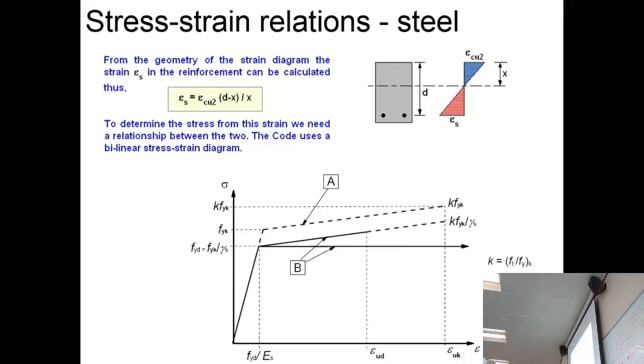It's the same sort of thing where your fyk is the strength of the steel, the dotted line, but we apply a factor of safety, so we divide by 1.15, which is our gamma s. This gives us the solid line that we design to, and you find that we design within the elastic range, and you'll find that fyd is always 435.